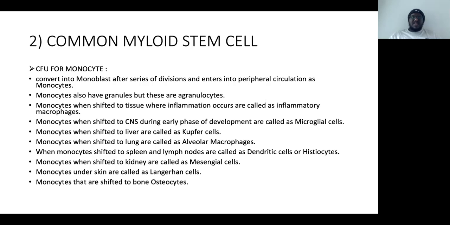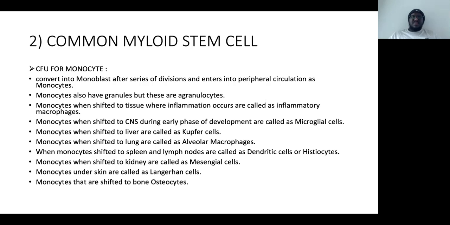Monocytes also have granules, but these are agranulocytes. Monocytes, when shifted to tissue during inflammation, are called inflammatory macrophages. When shifted into the central nervous system during early development, they are called microglial cells. In the liver, they are called Kupffer cells. In the lung, alveolar macrophages.